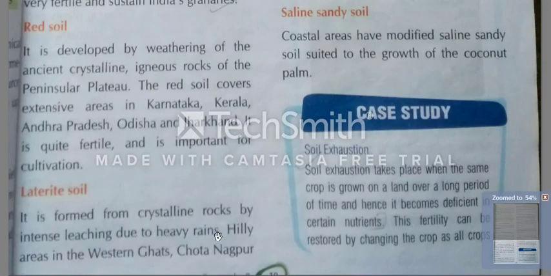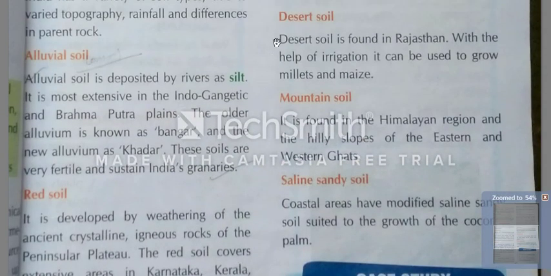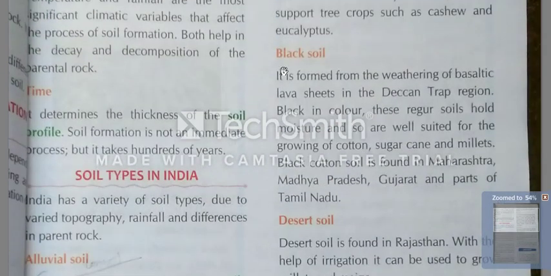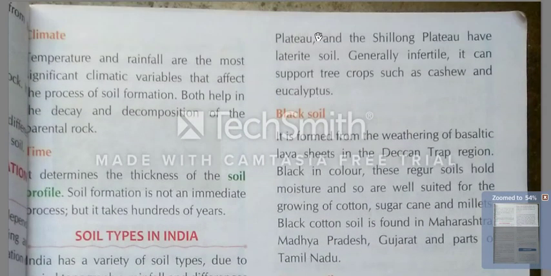Hilly areas in the Western Ghats, Chota Nagpur Plateau, and the Shillong Plateau have laterite soil. These are some places where laterite soil is found.